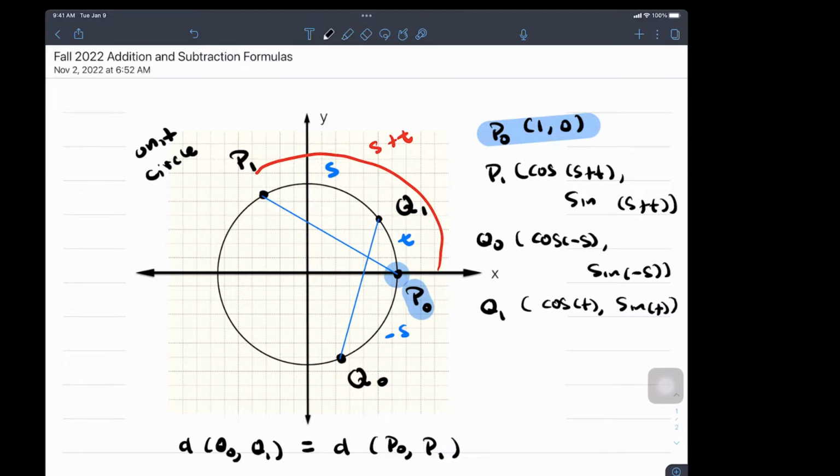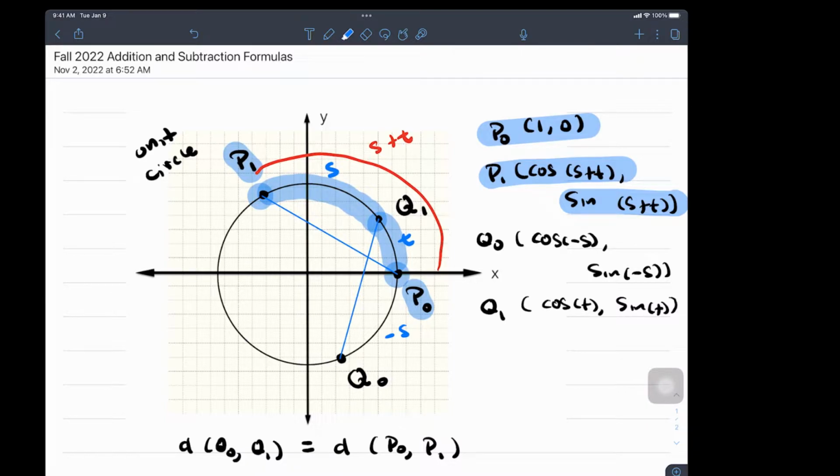Now P1 is here: cosine(S plus T), sine(S plus T). This is the address of P1. Now you might say, how did it get that address? Well, because they let this distance be T, this arc length be S, and so the total distance is S plus T.